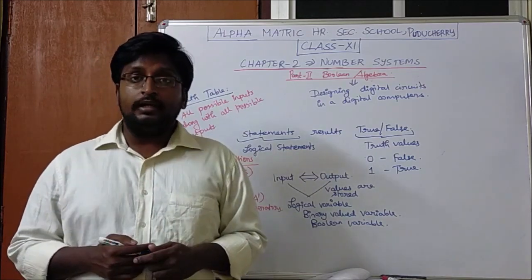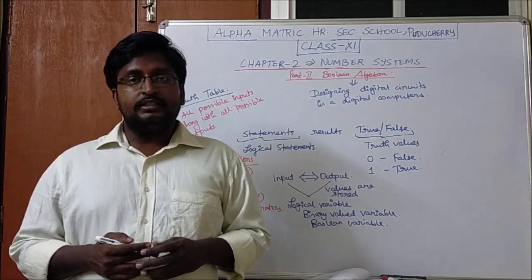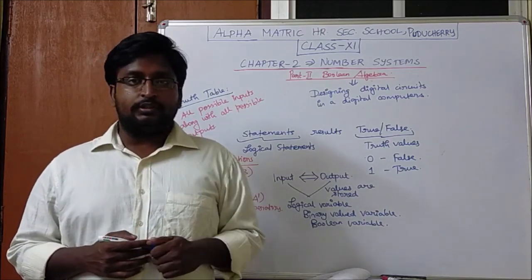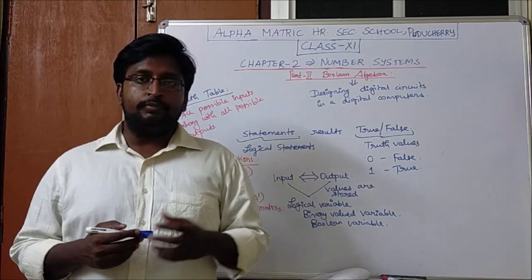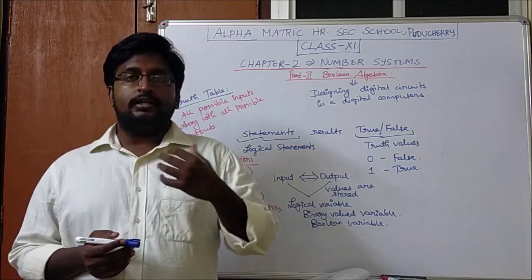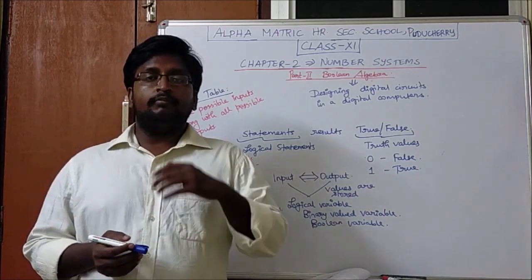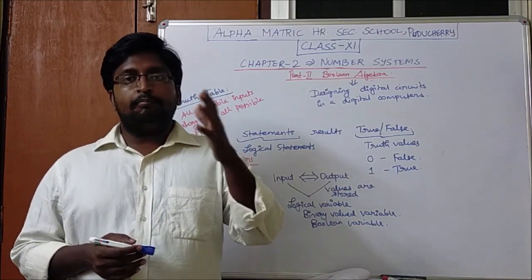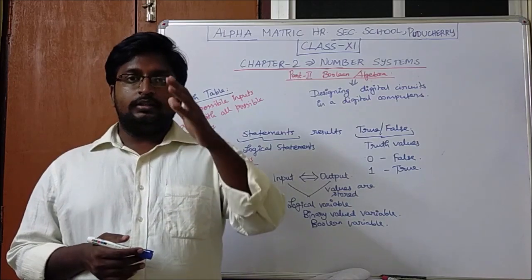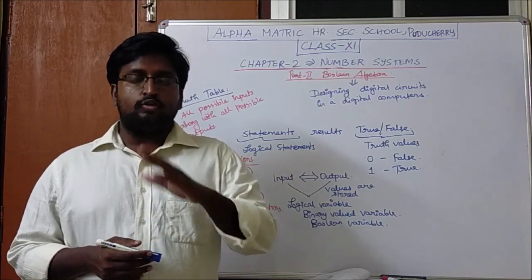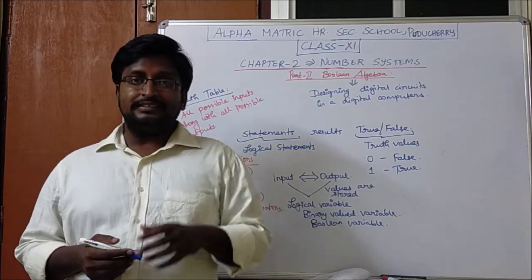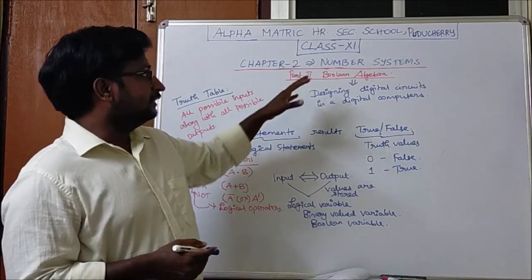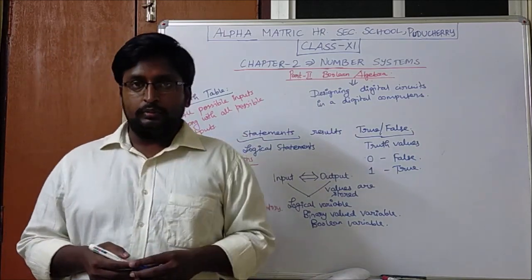Boolean algebra is mainly used for designing digital circuits in digital computers. Most digital computers have many digital circuits, and most of the circuits give the answer in a binary form, that is either right or wrong, true or false. In those circuits, the Boolean algebra concept is mainly used.